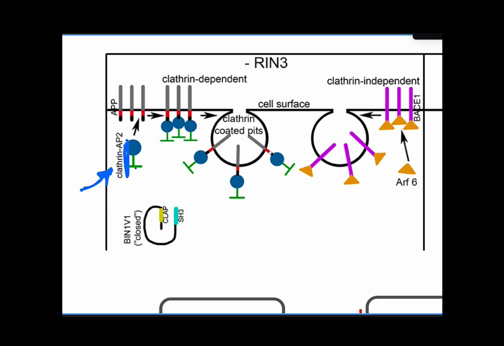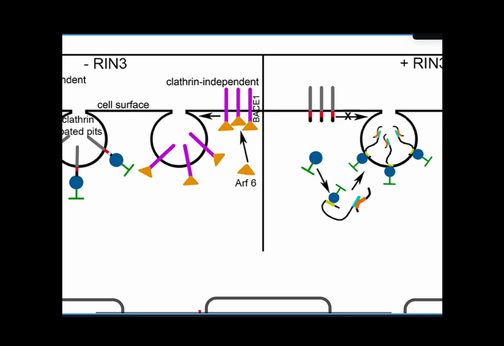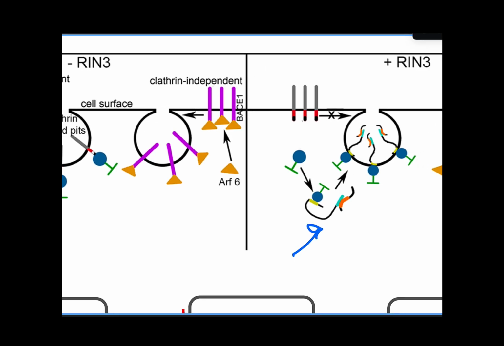And in this case, according to the authors at least, clathrin is the molecule that would make APP go into these endosomes. But then clathrin is also the one thing that explains why when BIN1 V1 is in its open conformation, and the open conformation happens because RIN3 will now bind the SH3 domain of BIN1 V1, freeing the CLAP domain, and now CLAP can interact with clathrin.